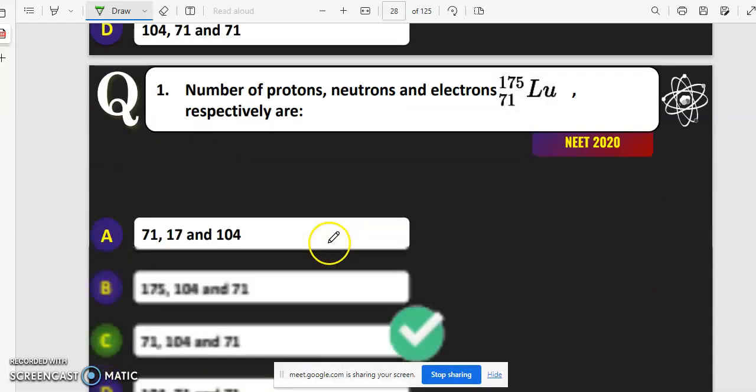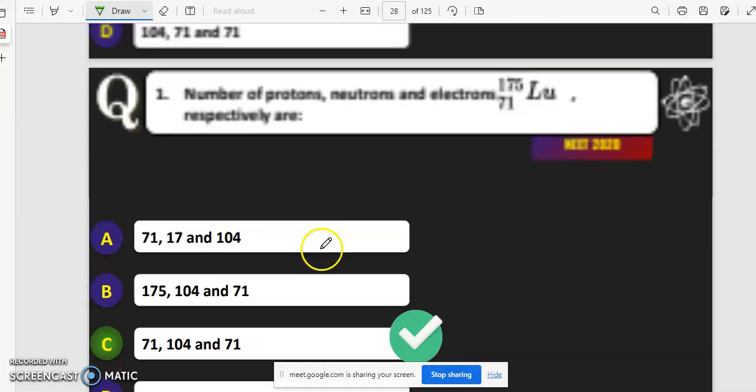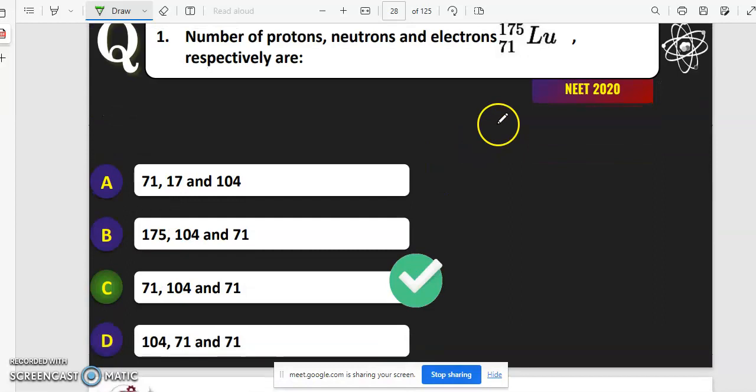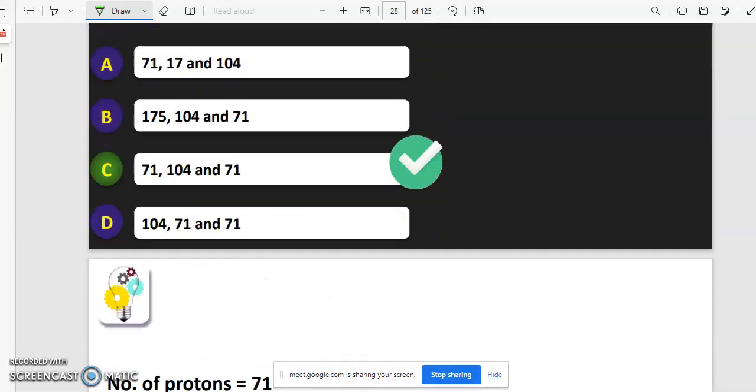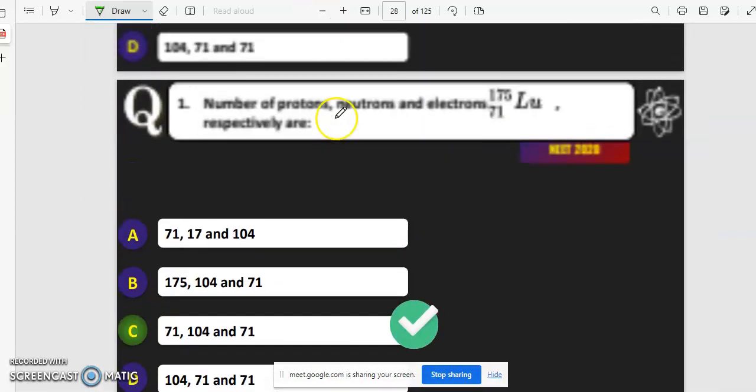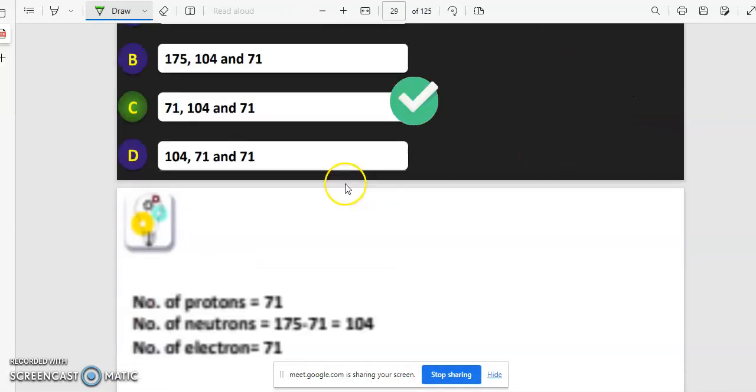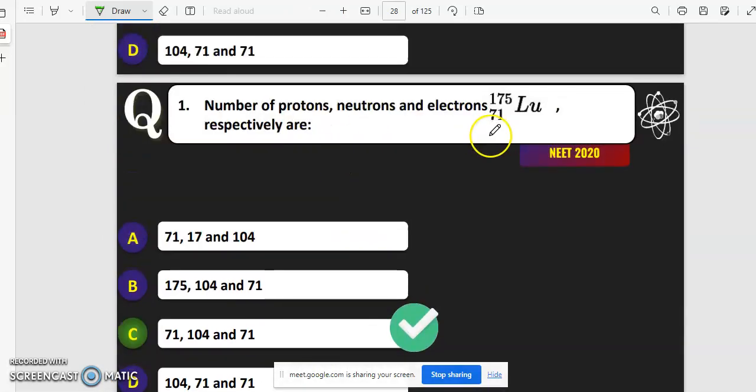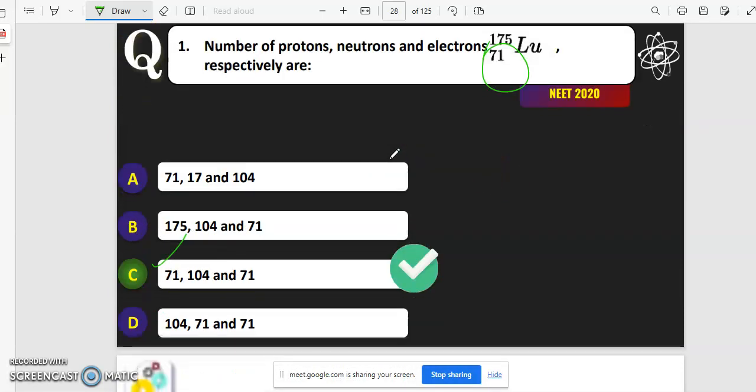Yes, that's good. You are right. Obviously, as we studied, atomic number is equal to the number of protons. So the atomic number is 71, so the number of protons is 71. And how do you find the neutrons here?